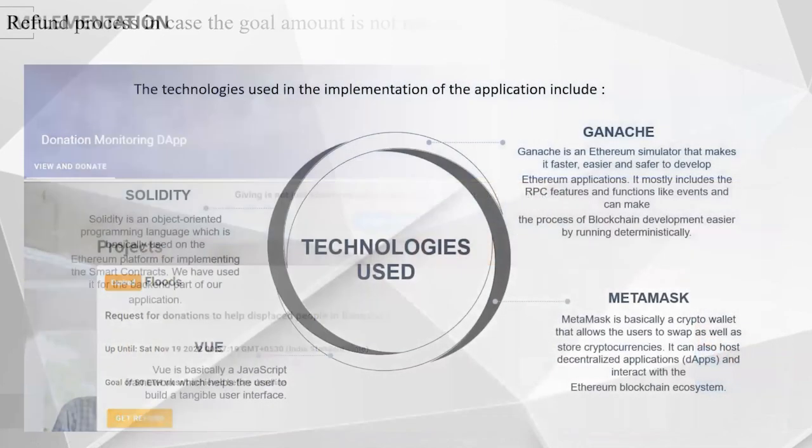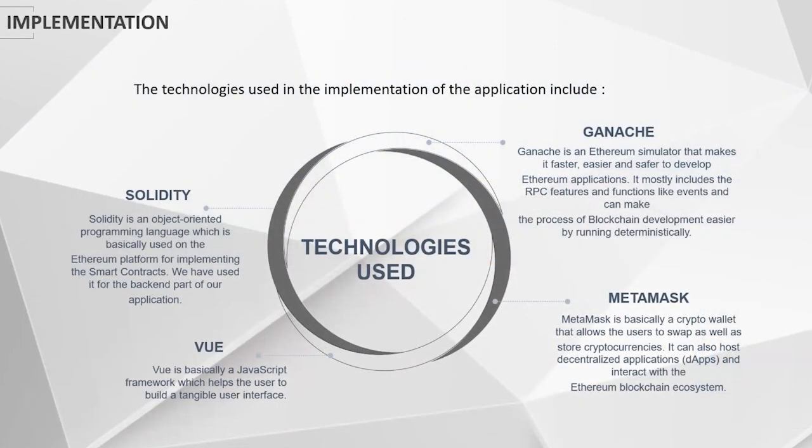The technologies that we have used to build this DApp are, first, obviously Solidity. It is an OOP language which we have used on the Ethereum platform for implementing the smart contracts, on the back end part of our application. Vue is for the front end. It is a JS framework used to build a tangible user interface.